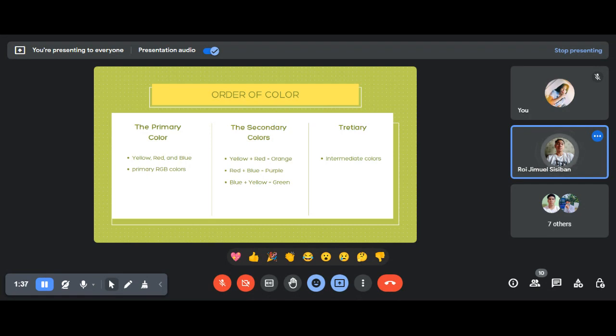The next is the secondary color. The secondary color is the visual stimulation of two different receptor cones. Examples of secondary colors, made by combining the primary colors: yellow and red make orange, red and blue make purple, blue and yellow become green.